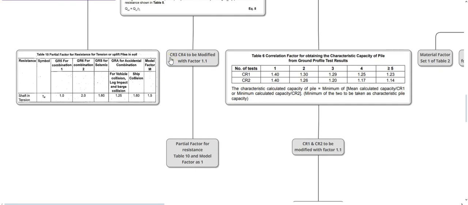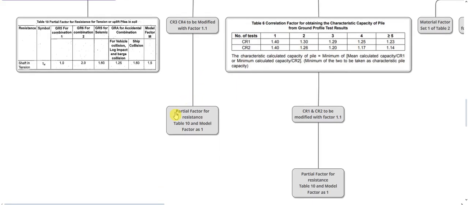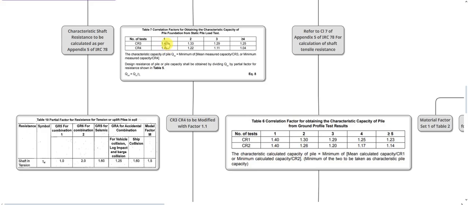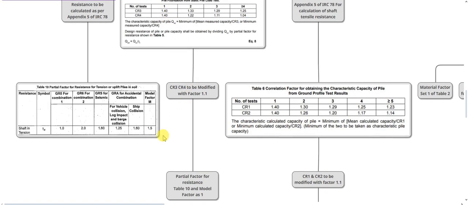In this case, for piles under tension, the CR3 and CR4 are to be modified with a factor of 1.1, and for the partial factor for resistance, Table 10 shall be followed here, and the model factor shall be taken as 1. So in other words, we can say that CR3 or CR4 remains the same if the model factor is 1.1.